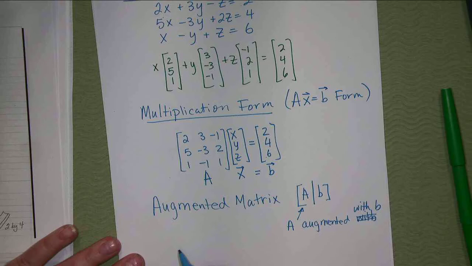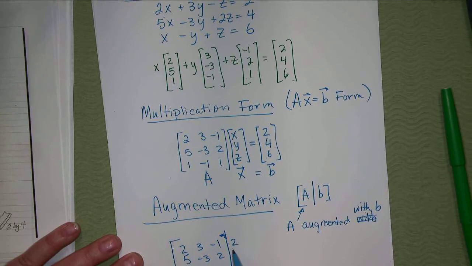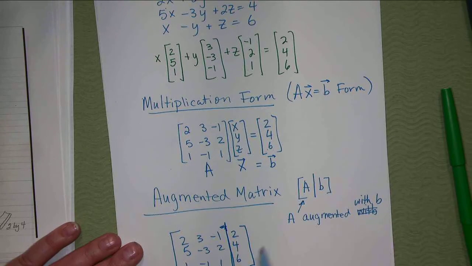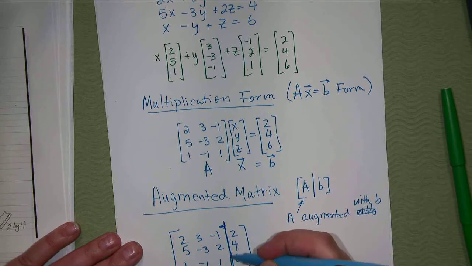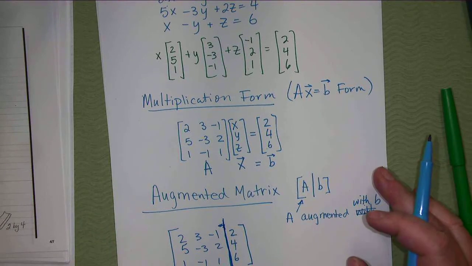So we take A, 2, 3, minus 1, 5, minus 3, 2, 1, minus 1, 1, and augment it with B. So straight line here, and if you're going to do it correctly, it extends a little higher than your square brackets on the sides.